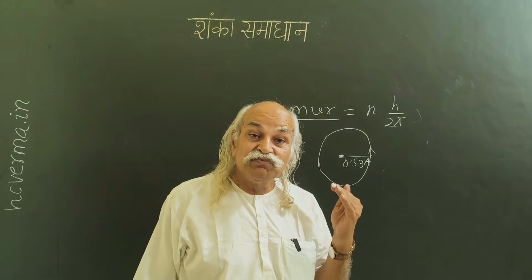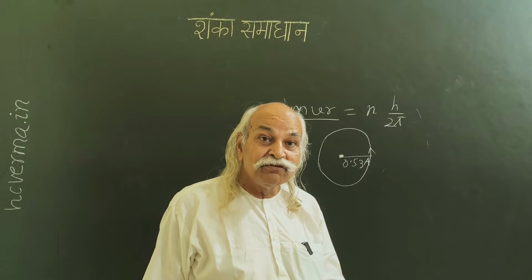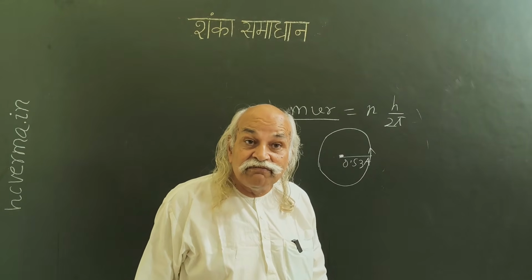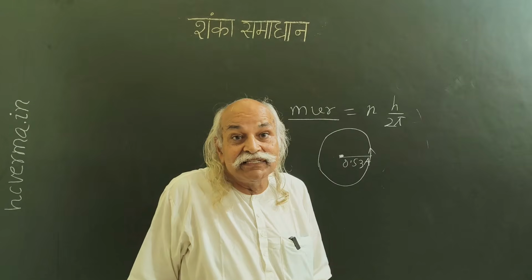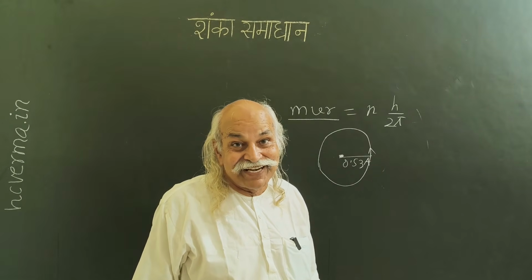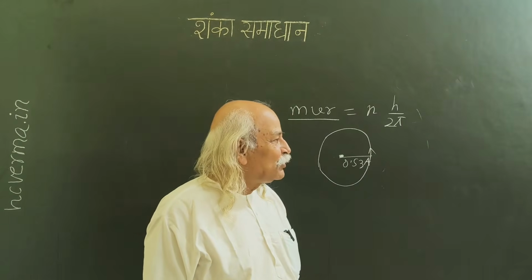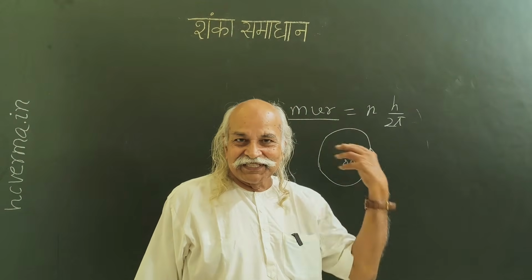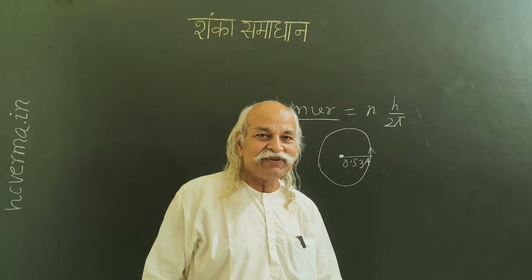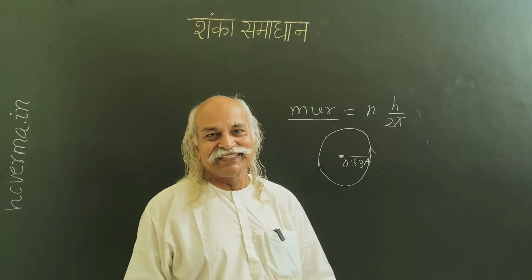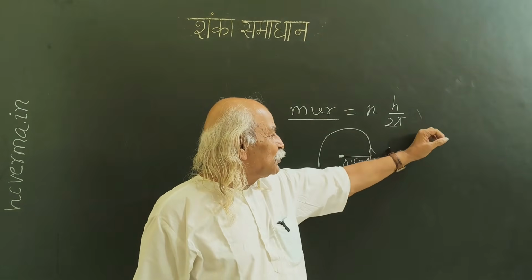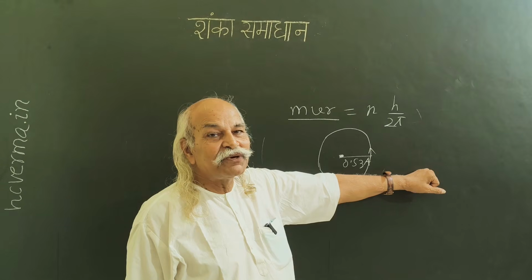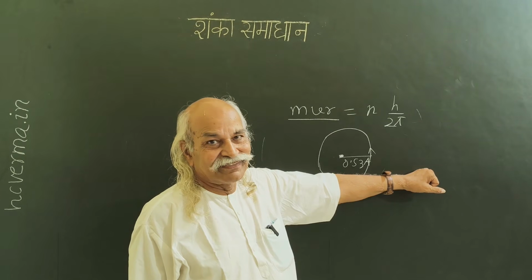But then this model of electron going in circles of specific radii did not work for anything other than hydrogen atom. So it was a long journey, some 10 years of intense work by all the big scientists, and then we came to the quantum mechanical picture, in which we always talk in terms of wave functions.